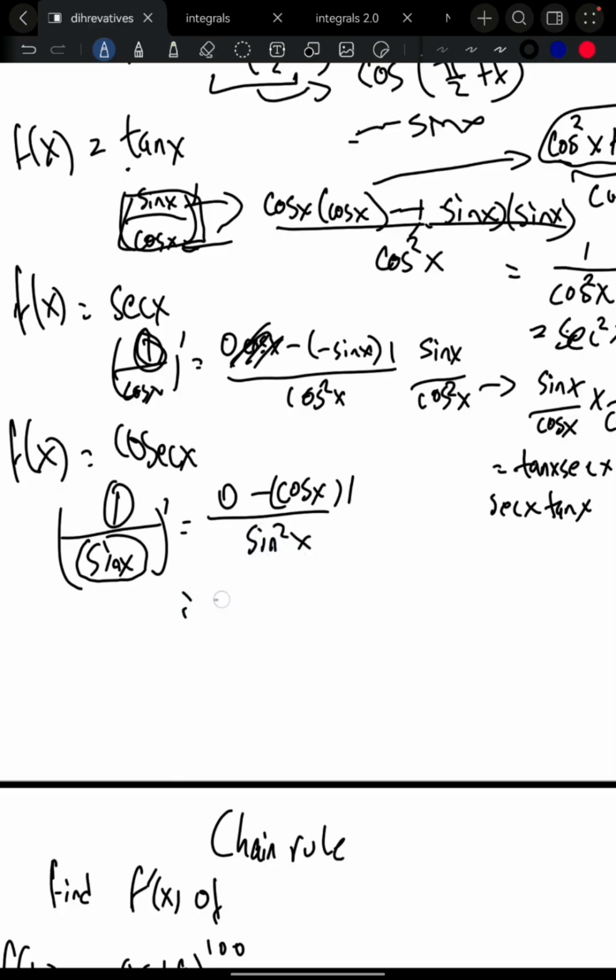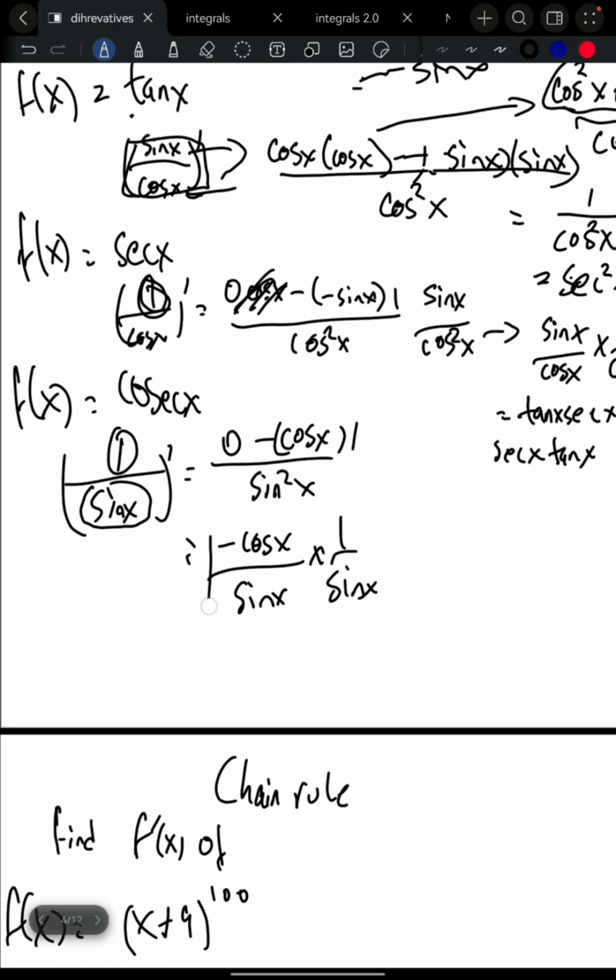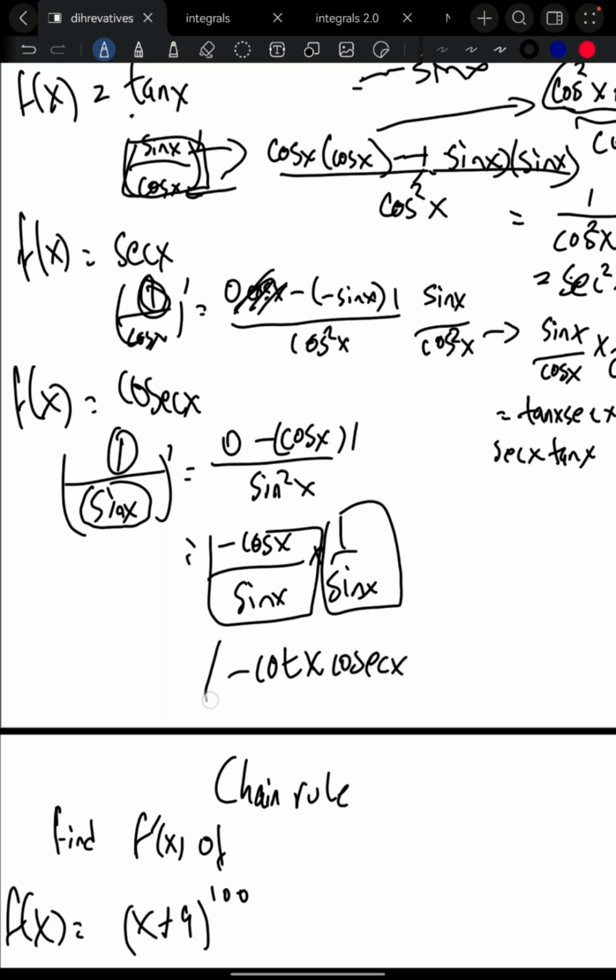So this is just negative cosine x times sine x times 1 over sine x, and this is just negative cotangent x, and this is just cosecant x. Yeah, that's the derivative of cosec x. Don't use the limit definition for these.